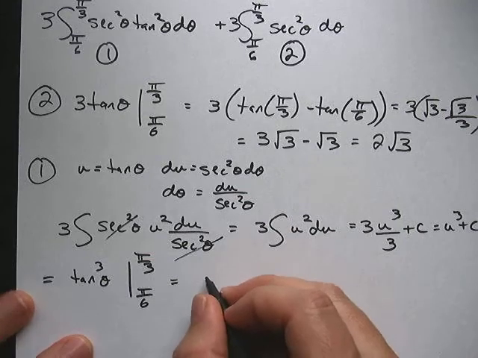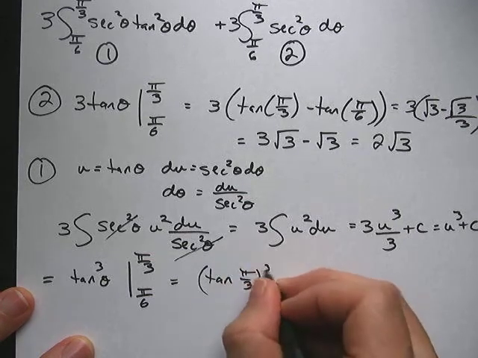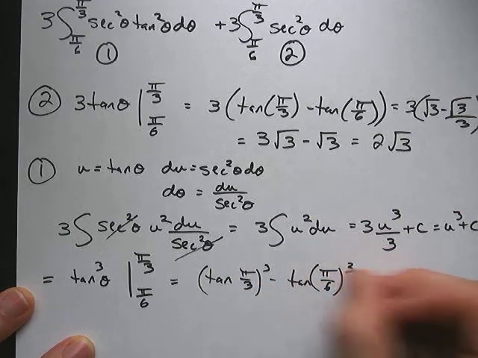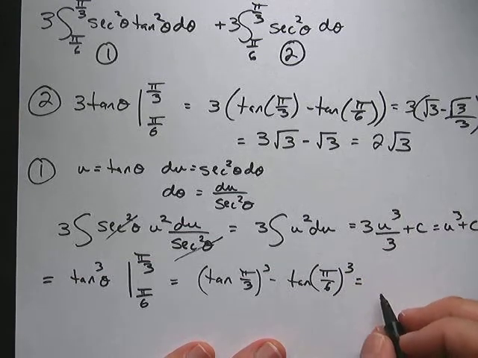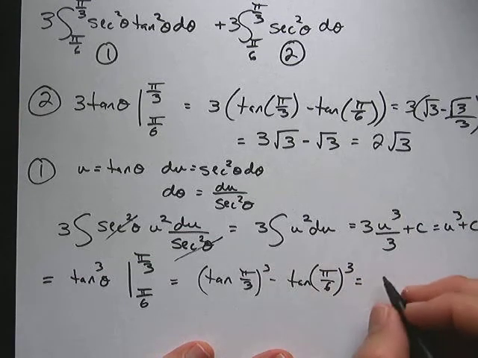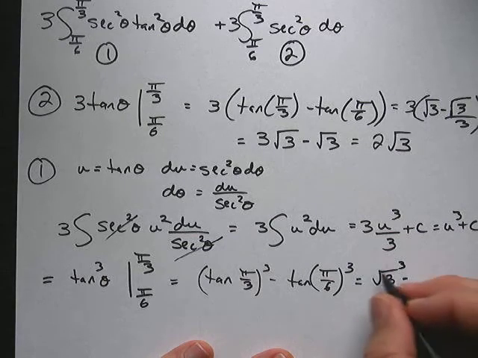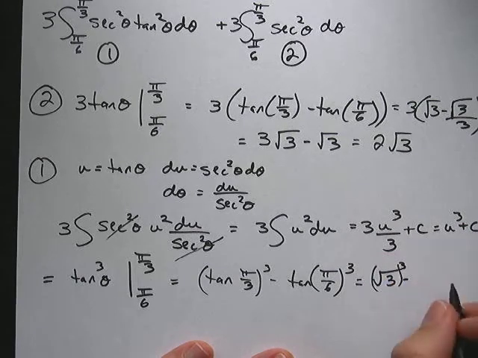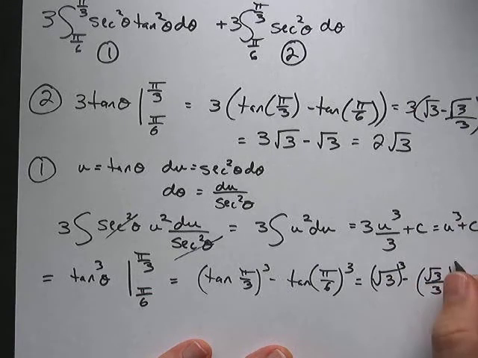So we get tangent of pi over 3 cubed minus tangent of pi over 6 cubed. Okay, and like I said, we already found those values. So this is going to be root 3 cubed minus, and we could put the cube on the inside if we want. I'll do that in the next step, but for this one I'll leave them outside. Minus square root of 3 over 3 cubed.